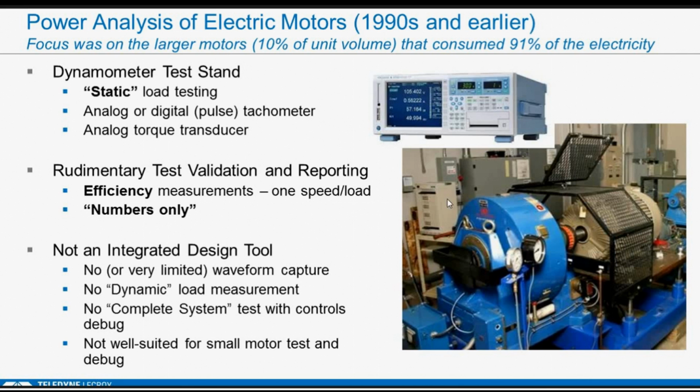It's really a validation tool. It was originally designed for a test stand like this, which is one of the reasons why they have a very limited capability for measuring analog torque or speed, which is mechanical power. So it's not really an integrated design tool. It's a validation tool. But what it does, it does extremely well.